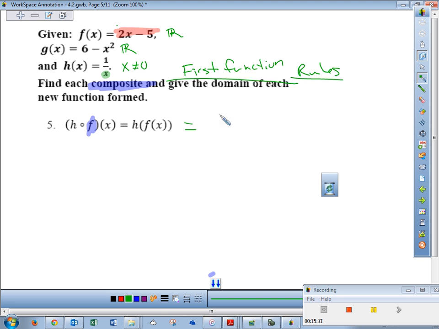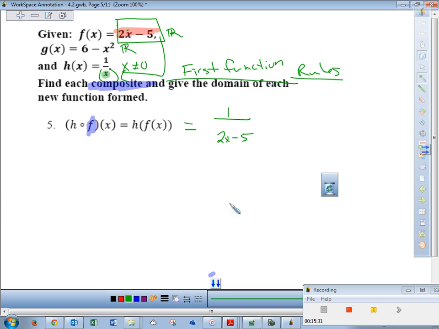So what would it look like? 1 over, doesn't this go directly in for x right there? I would have 2x minus 5. Isn't this red block f? I put it in for x into the H function. So it's just straight substitution.